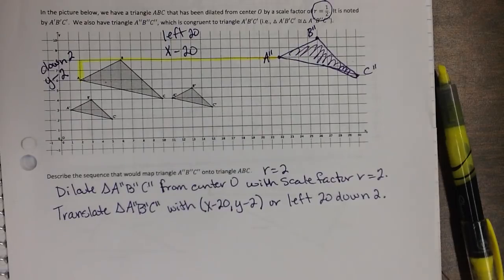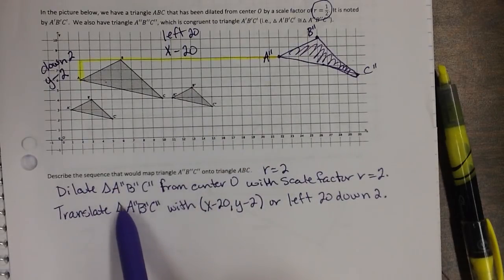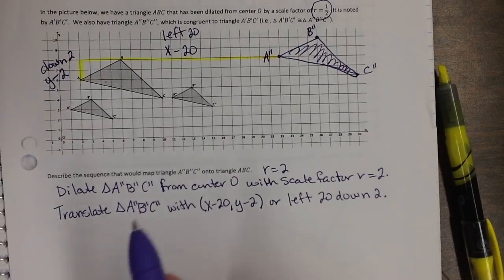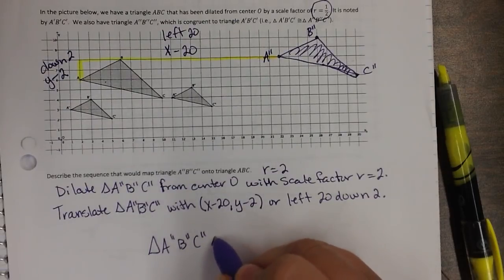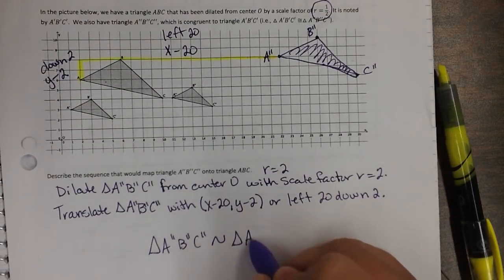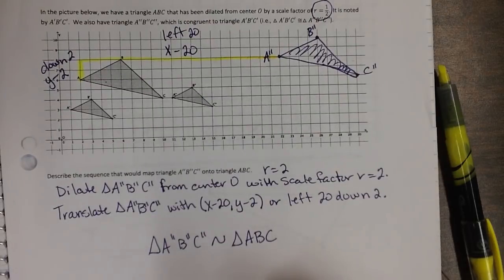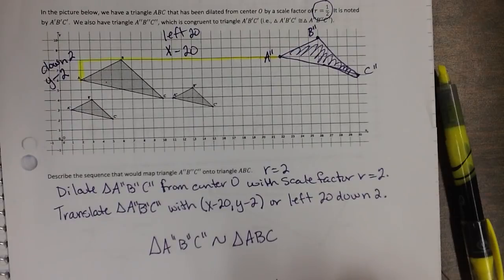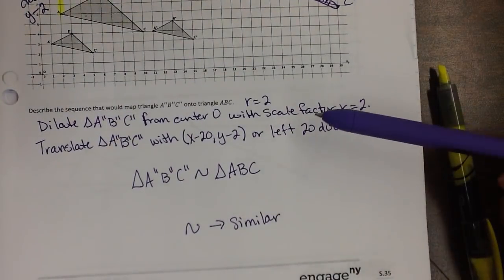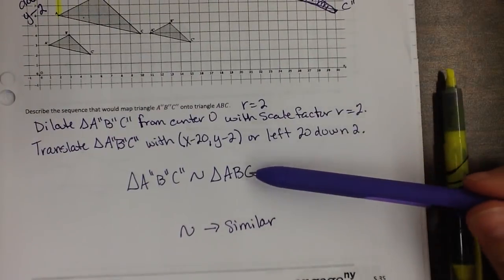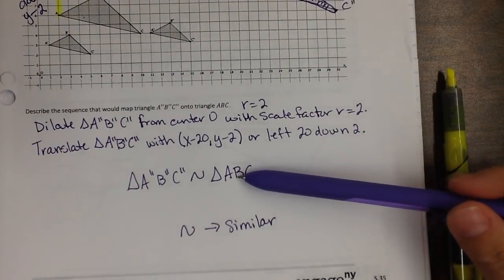Because we can map that and show that sequence, they could line up, which means that triangle A prime prime, B prime prime, C prime prime is similar to triangle ABC. This little symbol here means similar. So you're going to describe your sequence and then you have to tell that they're similar.